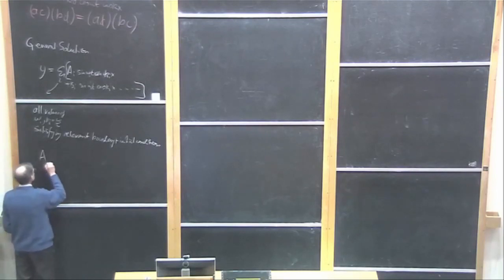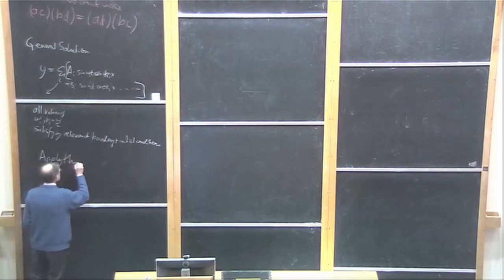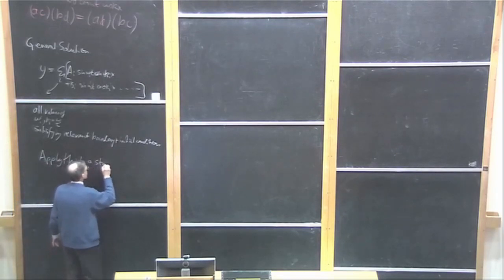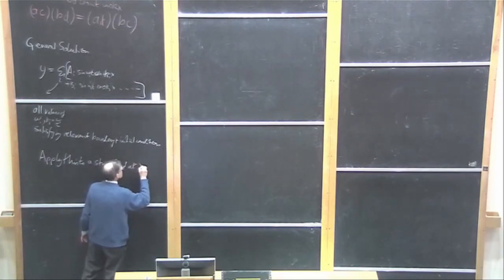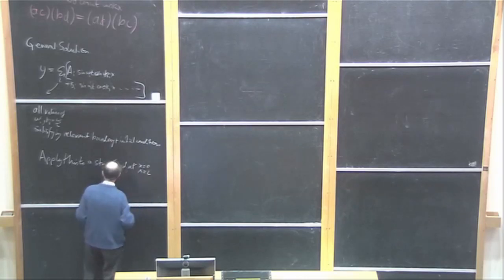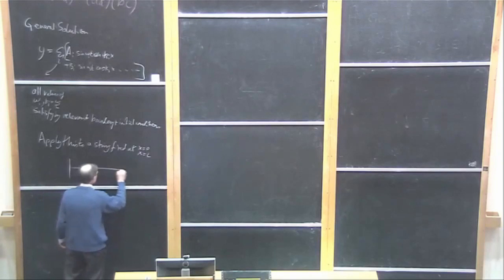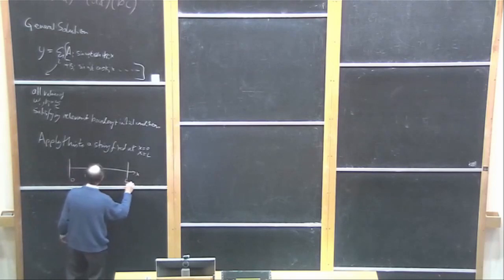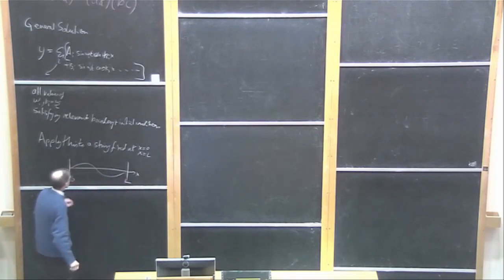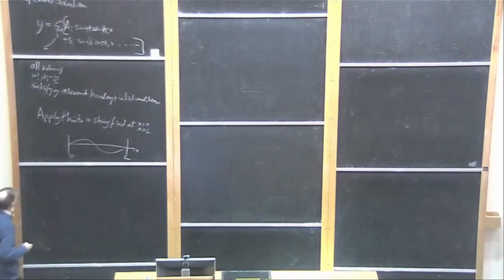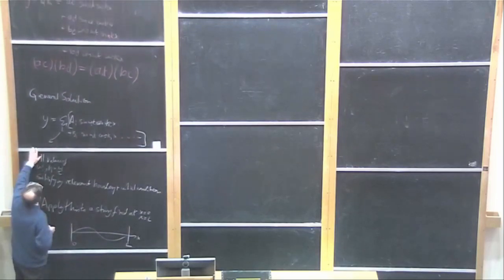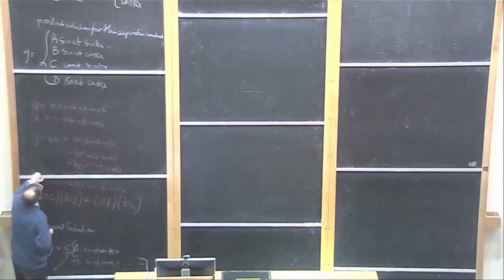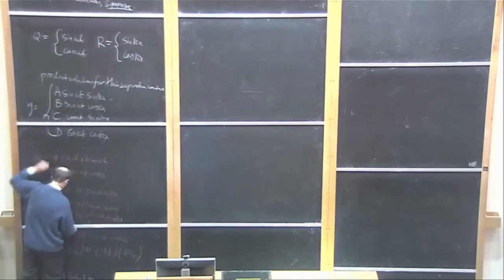So we're going to apply this to a string fixed at x equals 0 and x equals L. So if we go back to my general solution, where's my general solution gone?